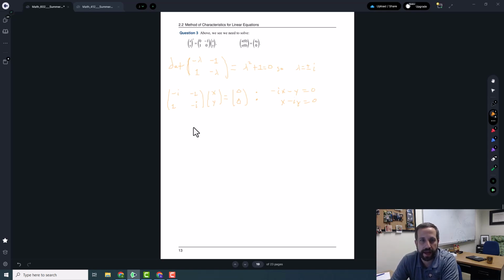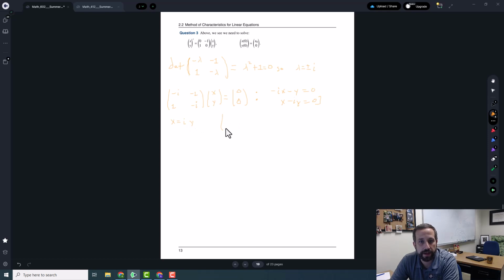So the top equation is superfluous. Actually, I'm going to use the bottom equation, because it tells me that x is equal to i times y.